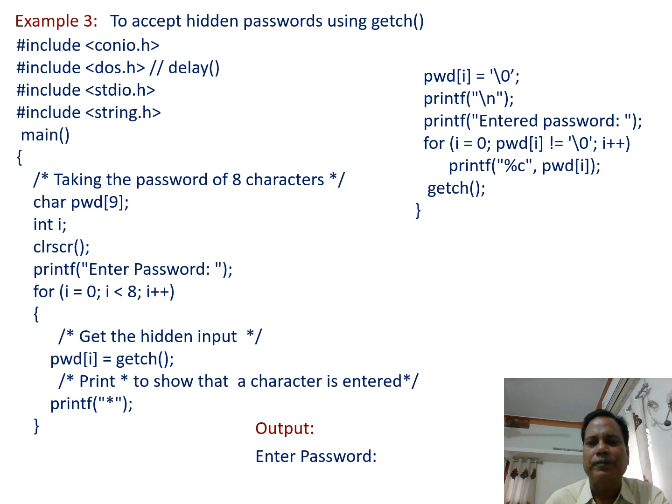Enter password. So we enter 8 characters contained in the password, but what we observe displayed on the output screen is the array of stars that is printed using the printf function.